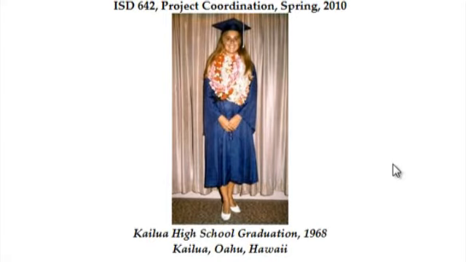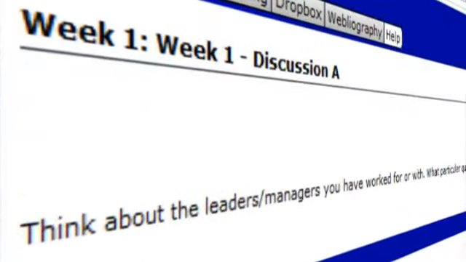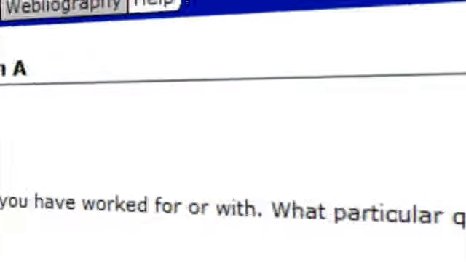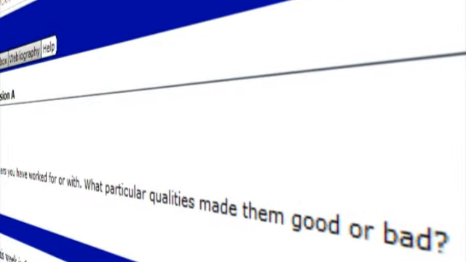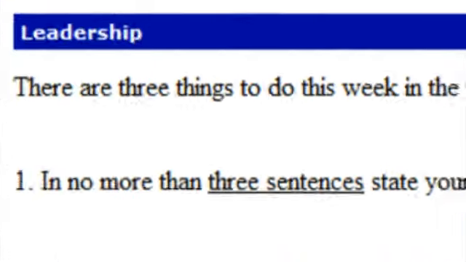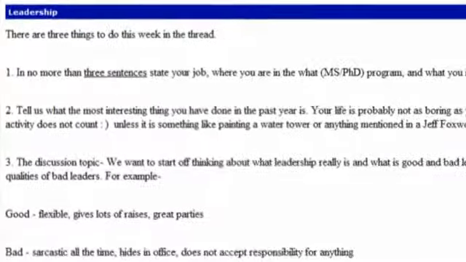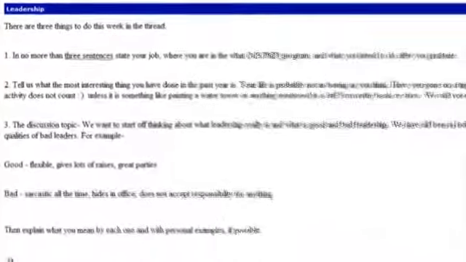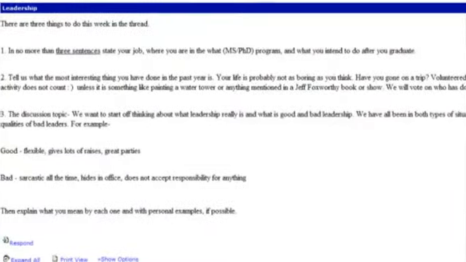Now, as my class goes on, if we look at the screen here, you can see that there are 2 threads, discussion thread A and discussion thread B. They're both the same question, but what I've found is that in this particular class I might have had about 20 people. And I require the students to respond 3 times a week.